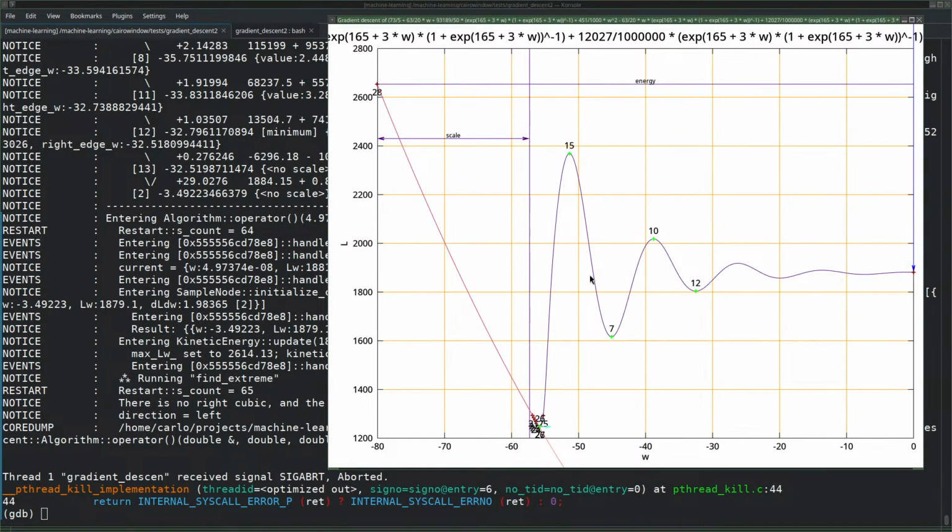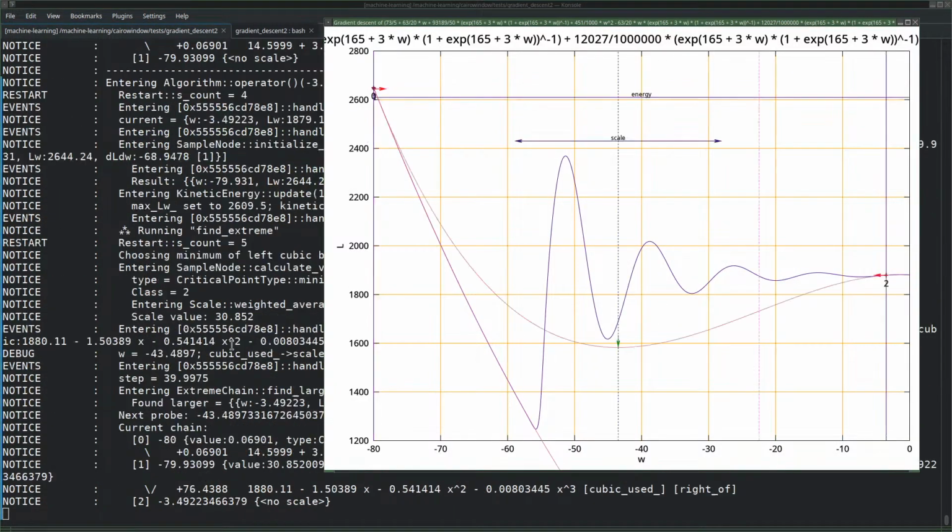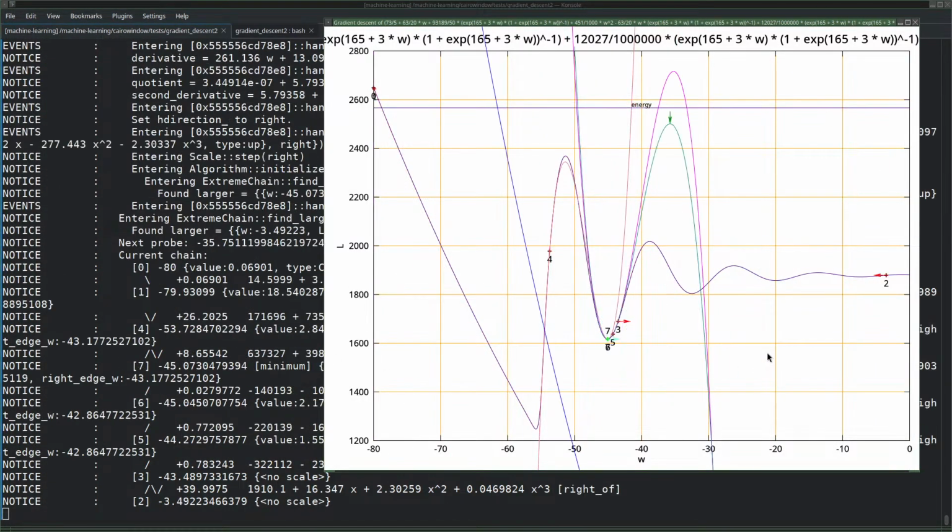It's working again. And the only thing I changed was filtering out the not relevant extremes, which did play a role exactly when. Let's try that again. Run. Yeah, in this case we have a minimum followed by a maximum followed by a minimum.